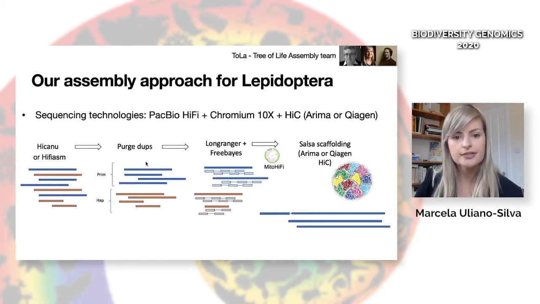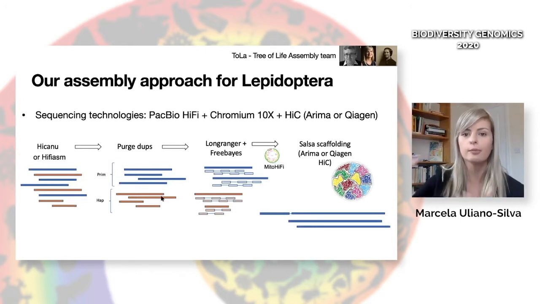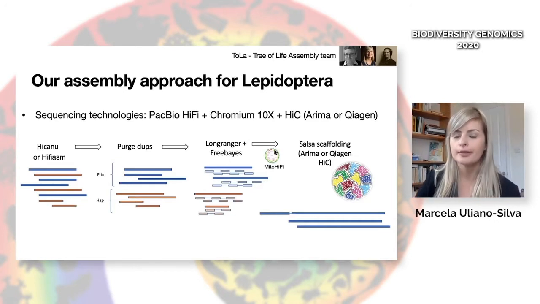Then after that, we concatenate the primary and the haplotigs and map all of the linked reads back to both haplotypes. And because they are linked, they will be pulled to their specific haplotypes. And we run one round of FreeBayes consensus polishing on this assembly. After that, we then look for the mitochondria. So I have written MitoHiFi.